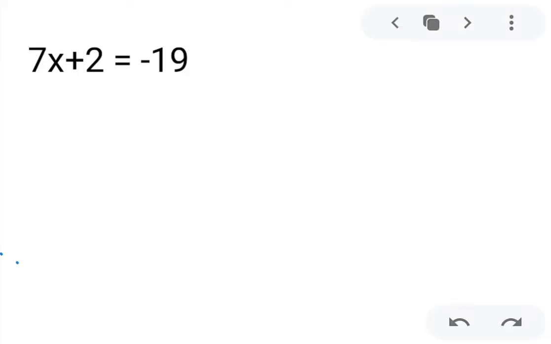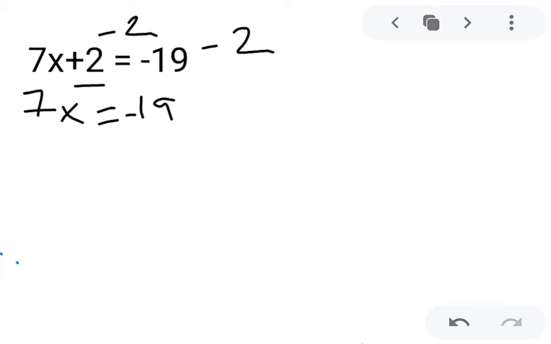The type 1 sum is very easy. Rule number 1, your x should be on one side only. So what I am doing is writing 7x is equal to minus 19 as it is. These two I don't want on this side. Why? Because I want to separate x. According to the systematic method, we should subtract 2 on both sides.